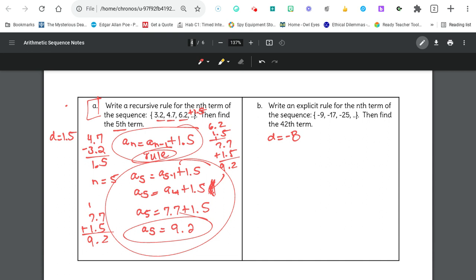Just be able to write the rule for me, because I consider this part a waste of time when you can just take 6.2, add 1.5, and then take 7.7 and add 1.5 that way. This to me down here, like I said, is a waste of time. Just be able to write that rule for me, okay?